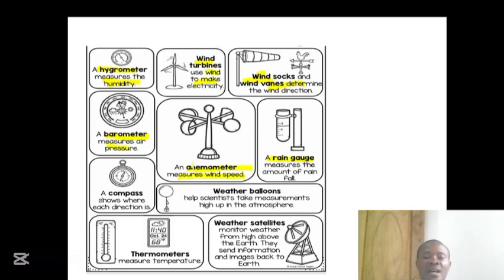And we have the rain gauge. This rain gauge, it measures the amount of rainfall. This rain gauge, you have to place it at a distance above the ground so that the water that is splashing on the ground or that is falling on the ground will not enter into the container.